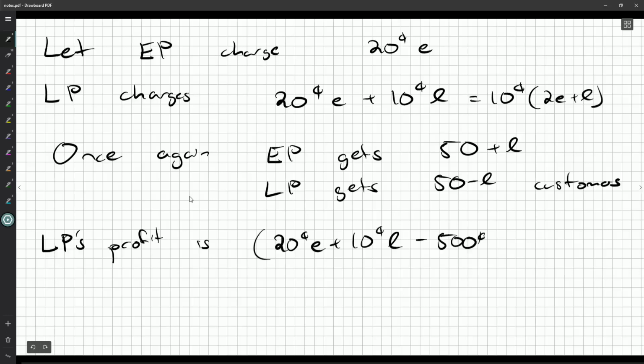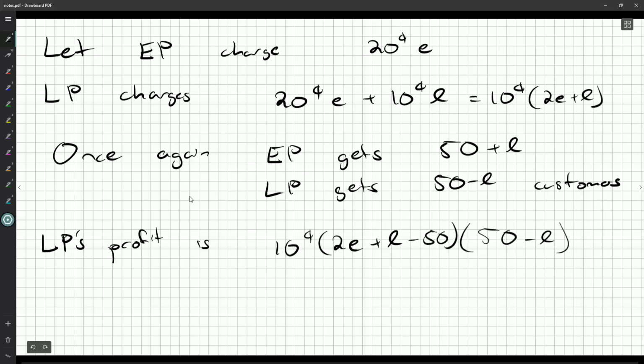But I probably wouldn't leave it like that. Just take out the 10 cents right from the start. $5 divided by 10 cents is 50. So instead, I think it's easier just to write this. 2E plus L minus 50. And then 50 minus L.